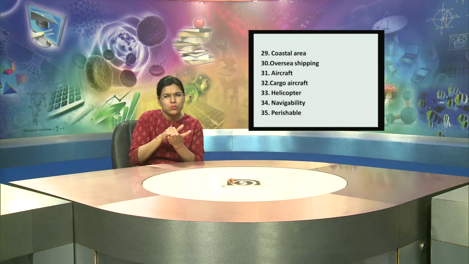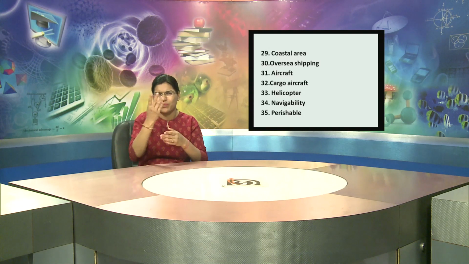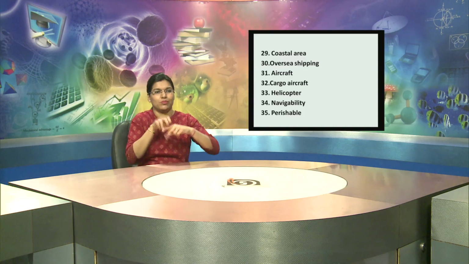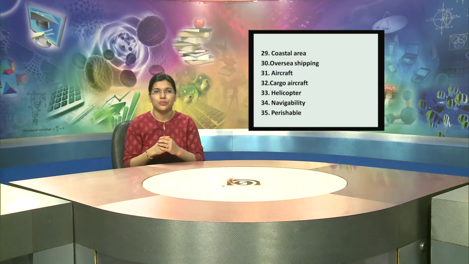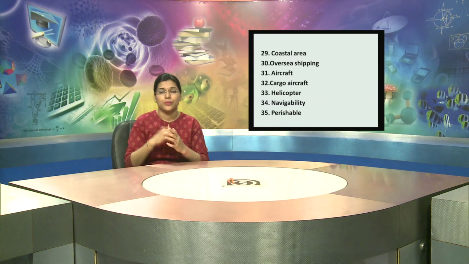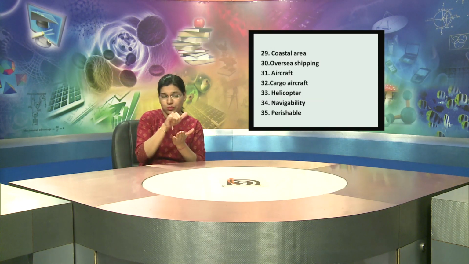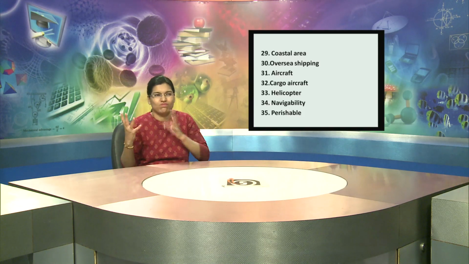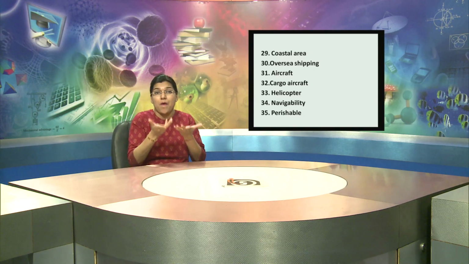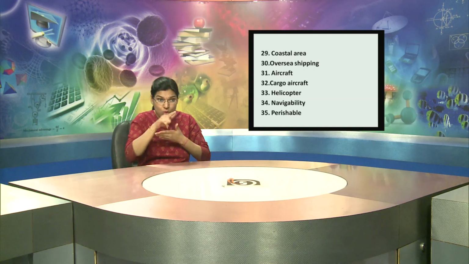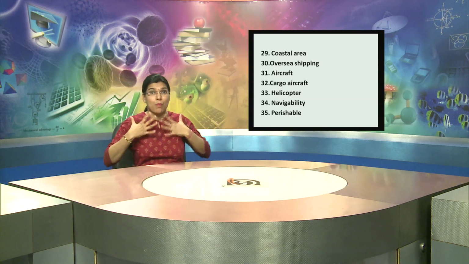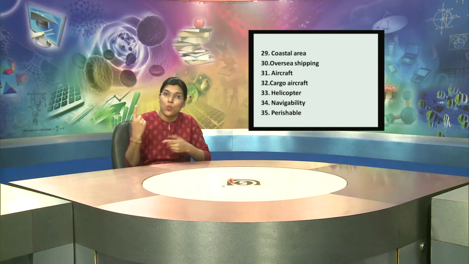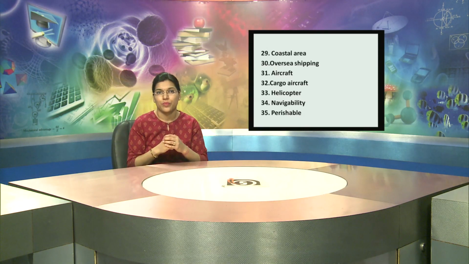It reaches through seas, termed as overseas shipping. 31st word, aircraft. 32nd word, cargo aircraft. An aircraft where there is no person but heavy goods and luggage travel from one place to another is termed as cargo aircraft.